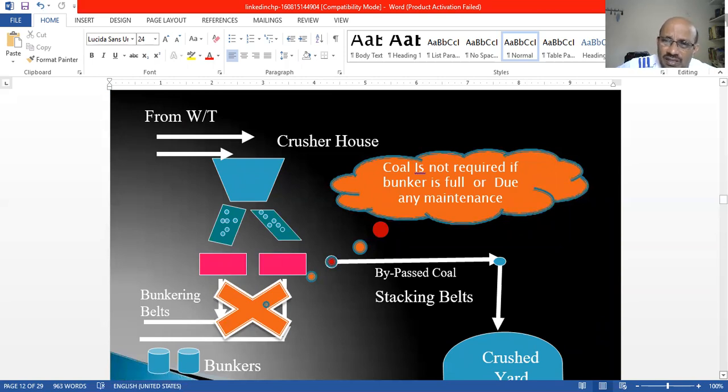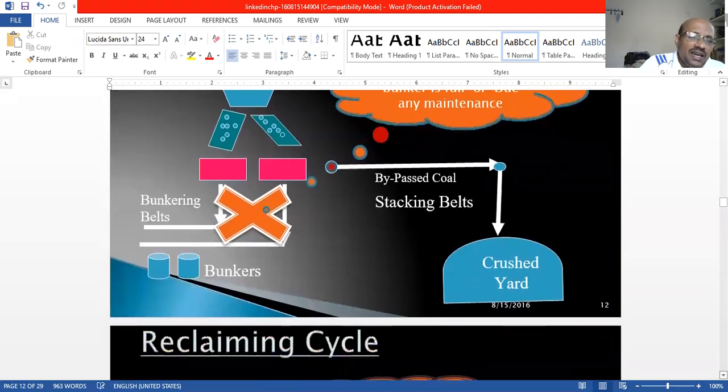We bypass it. Think of bypass roads in a city: in the city there are heavy roads and traffic, and we divert that traffic using bypass roads. Like that, we bypass this coal to another place, which you can call the crushed yard. No problem for that.